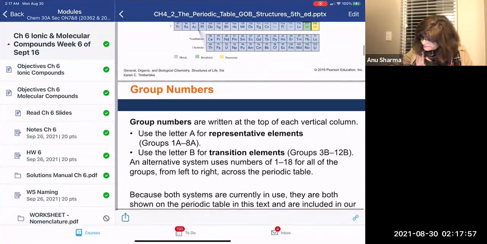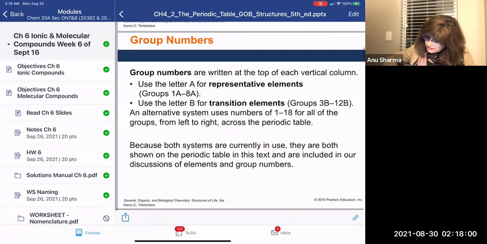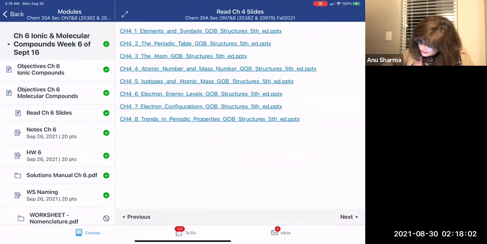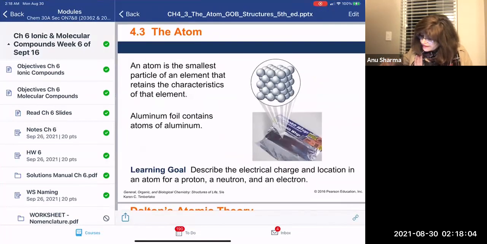Next is the structure of the atom. Okay, as you can see on the screen, they have shown you aluminum foil.